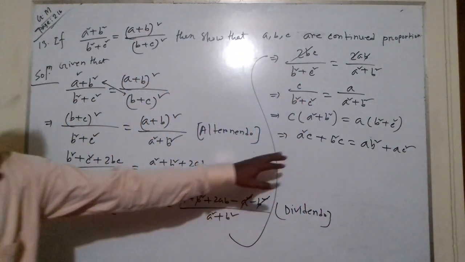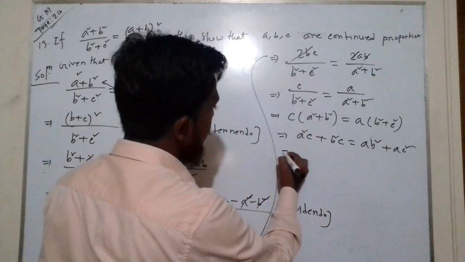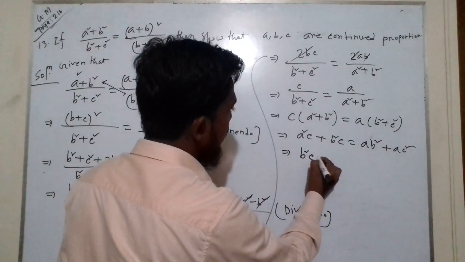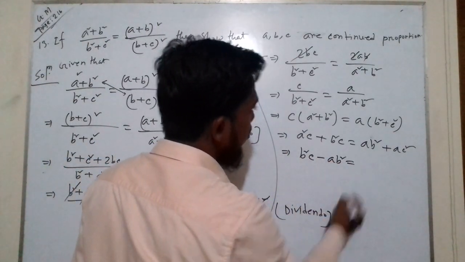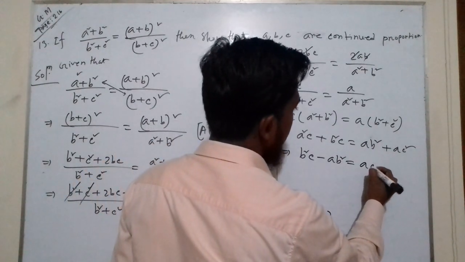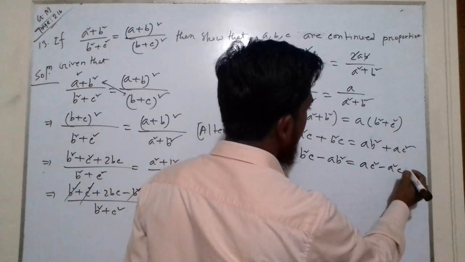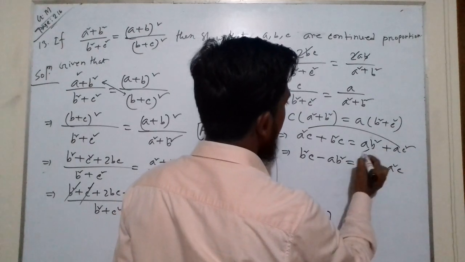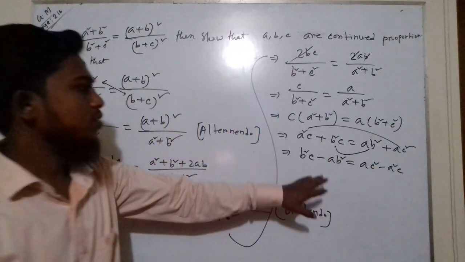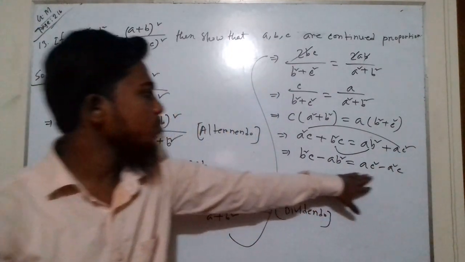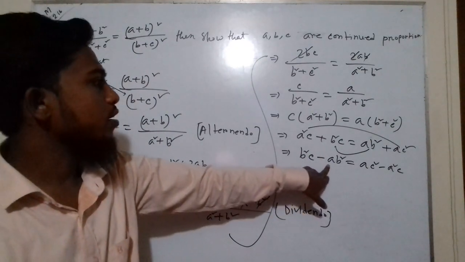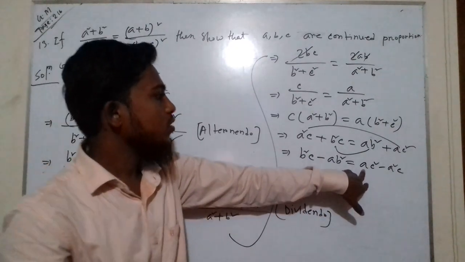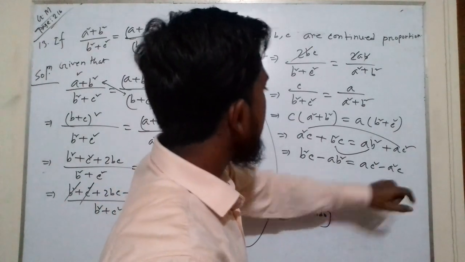Okay. Now we can write b square c minus a b square equal to a c square minus a square c. Changing the sides of this, we can write b square c minus a b square equal to a c square minus a square c.